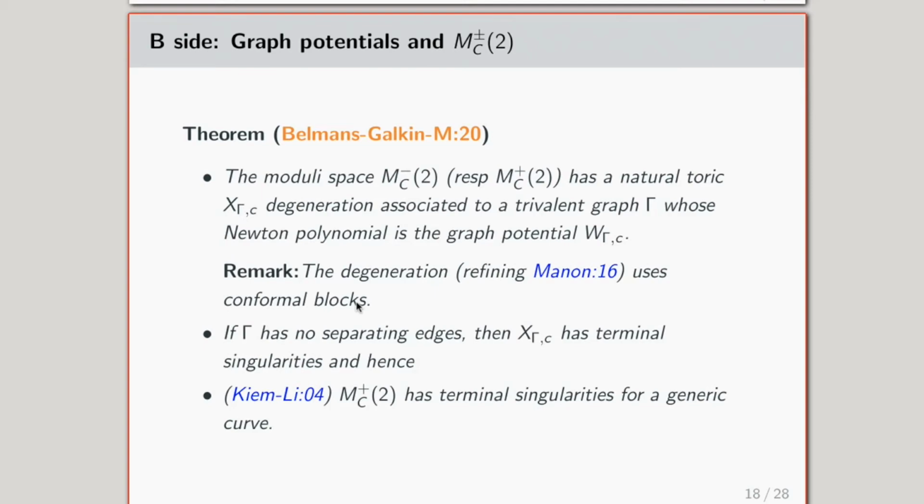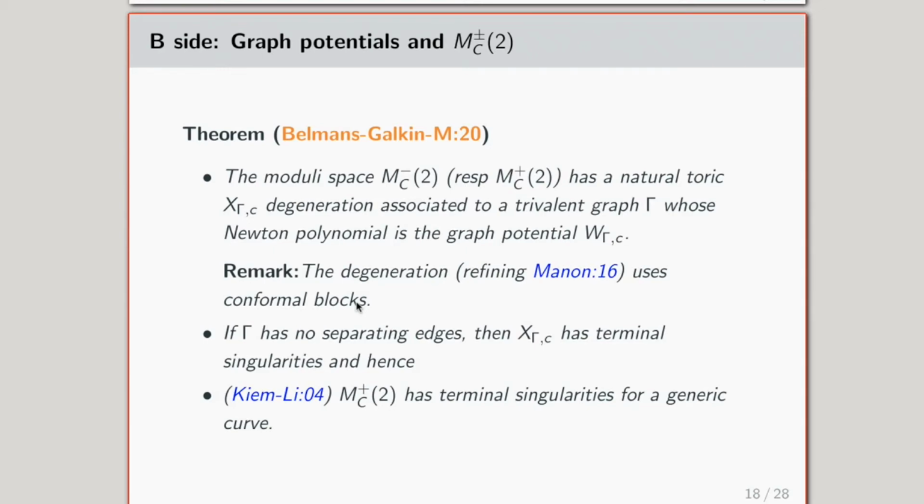That corresponds to a trivalent graph, and to that combinatorial data one constructs a toric variety. Okay, and this graph potential is nothing but the Newton polynomial of the fan polytope of that toric variety. So there's a toric variety hanging around.